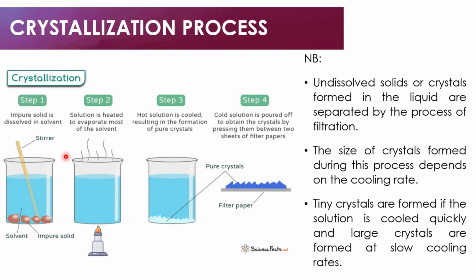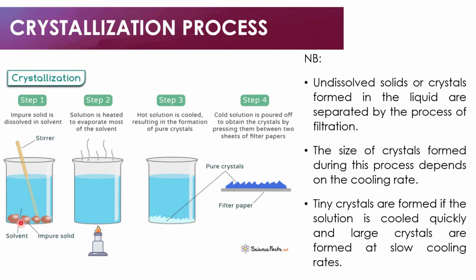Now let's see the process involved in crystallization. Basically, we have four main steps involved in crystallization. The first is that the impure solid is dissolved in the required solvent.